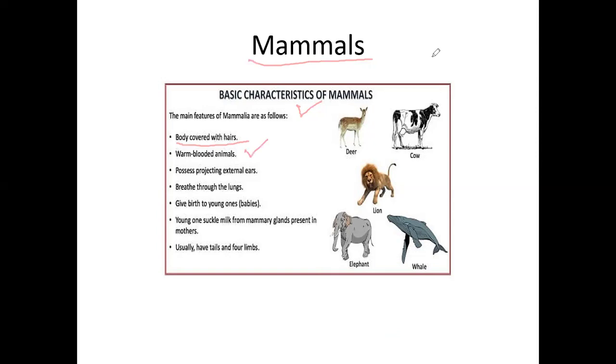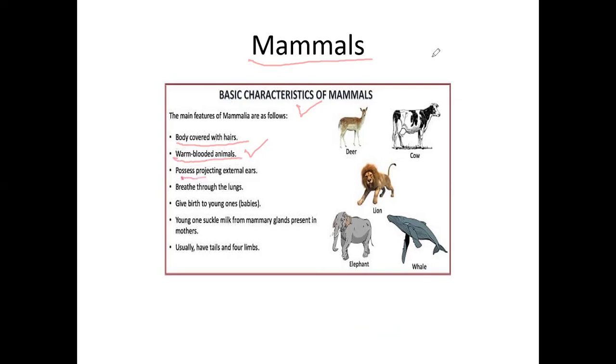As for example, human beings have an average temperature of 37 degrees centigrade, so it will not change because we have proper internal environmental homeostasis. So all mammals are called warm-blooded.